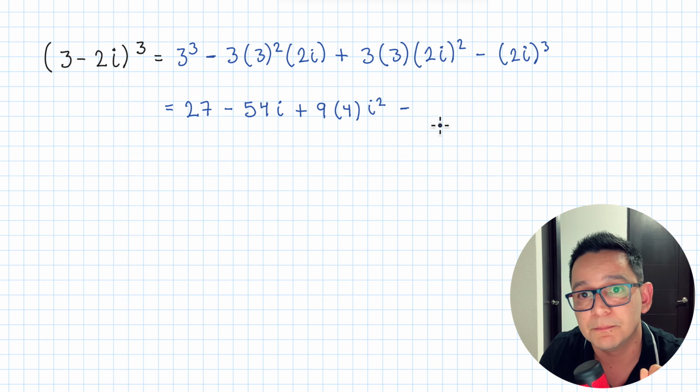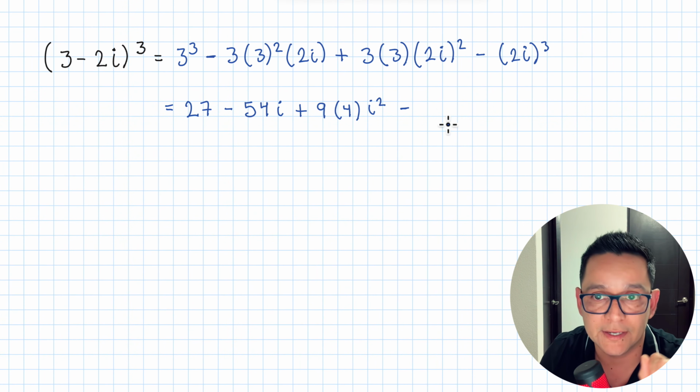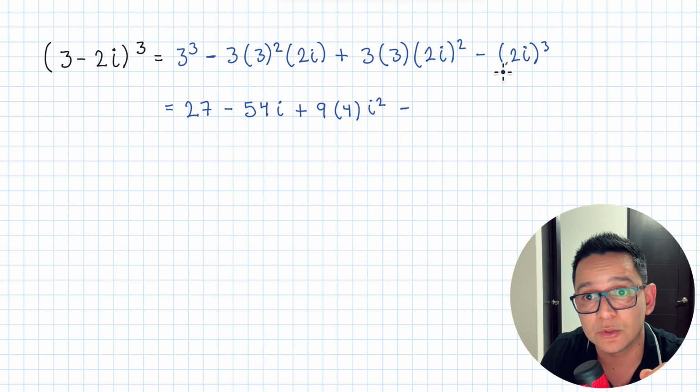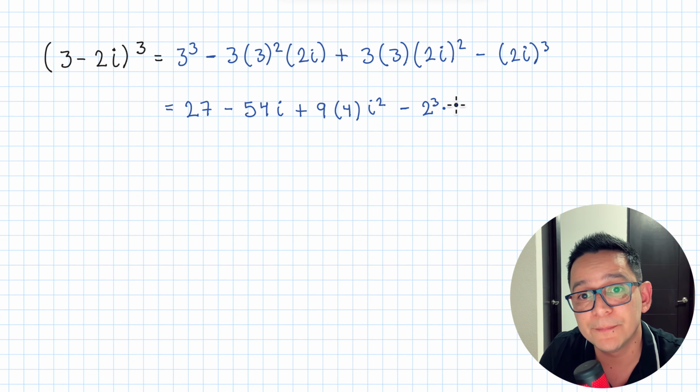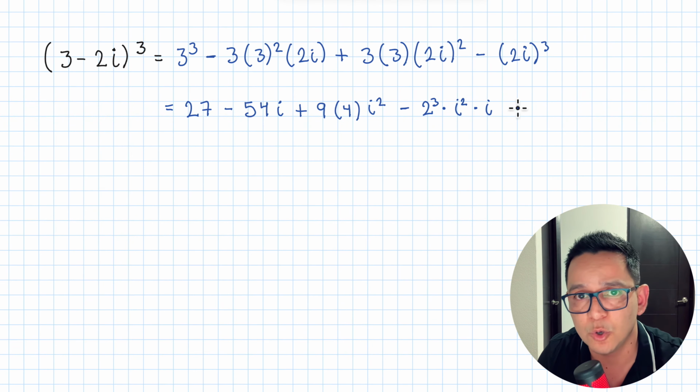Then we have minus i, and here we have 2i to the power of 3. I'm also going to separate it: I'll write 2 to the power of 3, and now i to the power of 3. We're doing well so far.